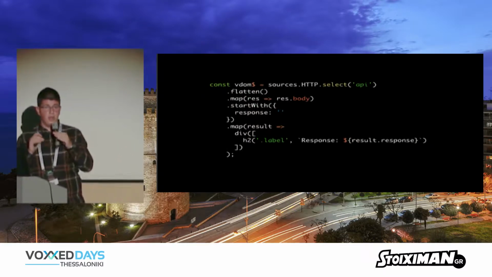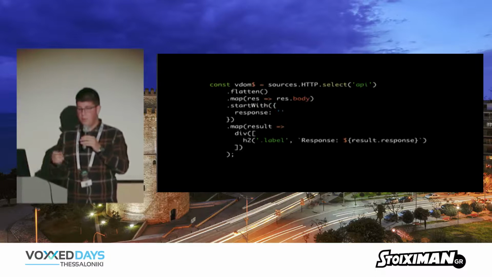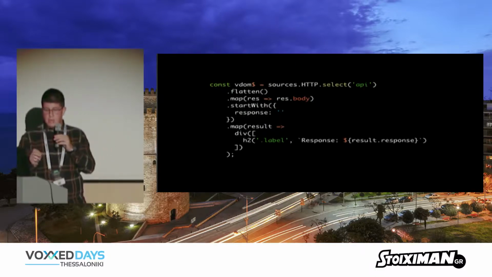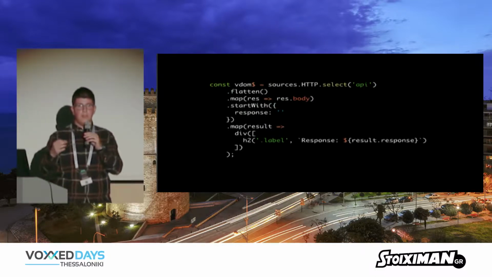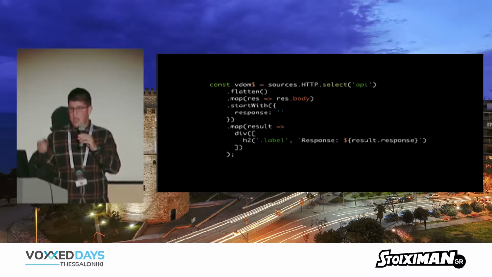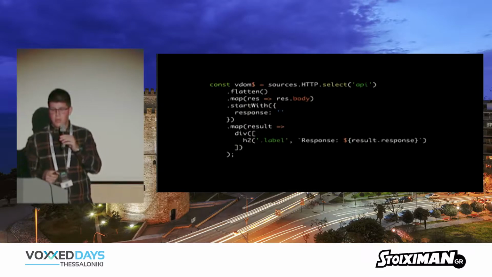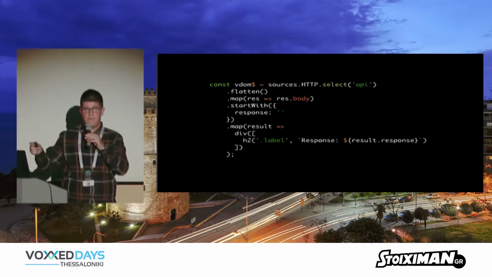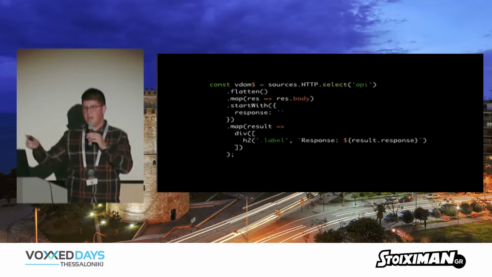It's really hard to work with multiple. So we make one stream and map through it, so we get just the body from each buffer, and we map through them. We're taking the result and making a div with the h2 tag inside and the response tags.